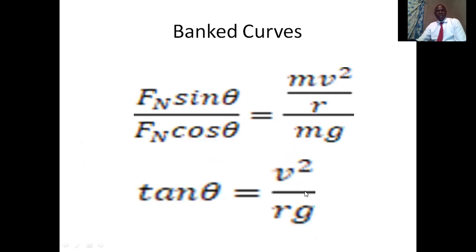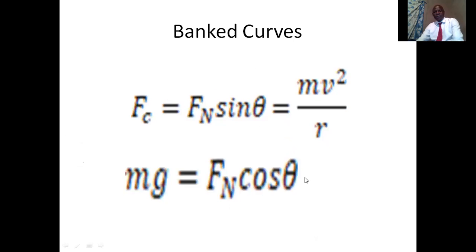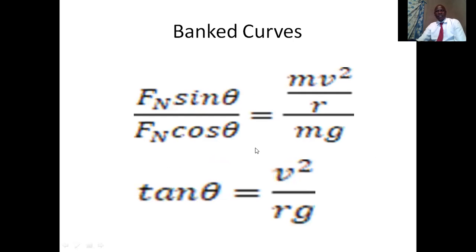And so, if we are to divide these two equations, you divide this one by the normal force. Why are we doing this? Because we want to eliminate the normal force. The normal force sine theta over the normal force cos theta should be equal to mv squared over r divided by mg. And this is actually what we have done here.